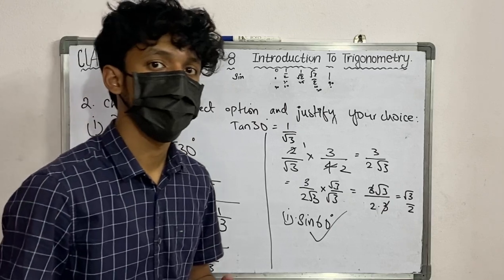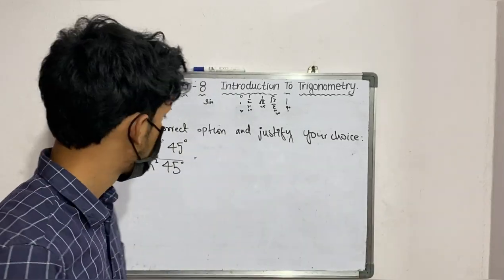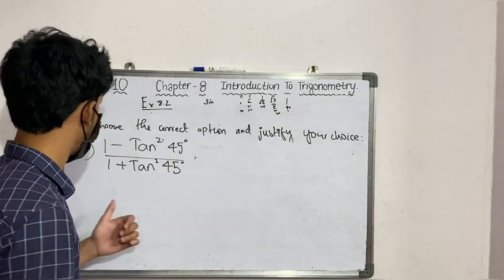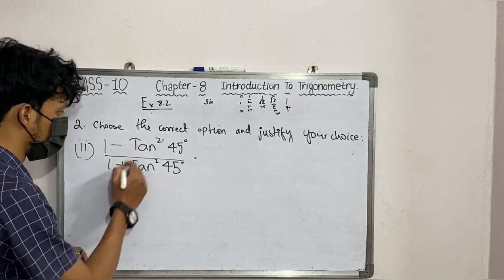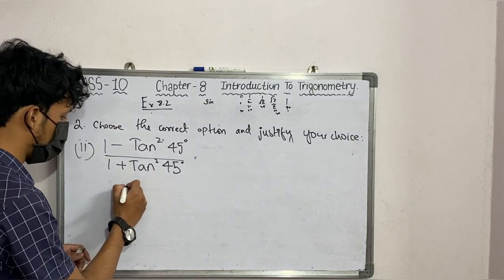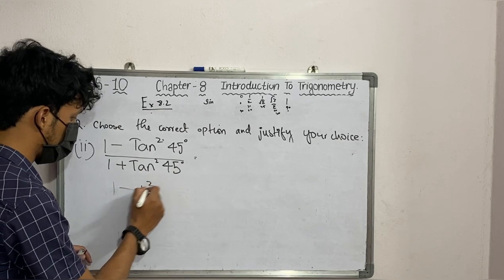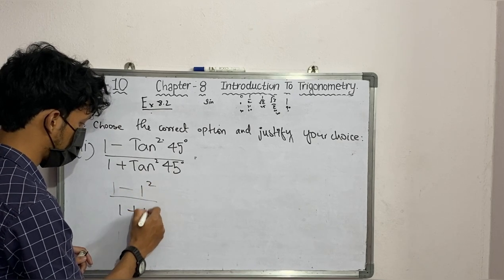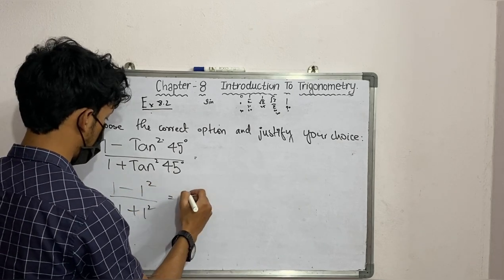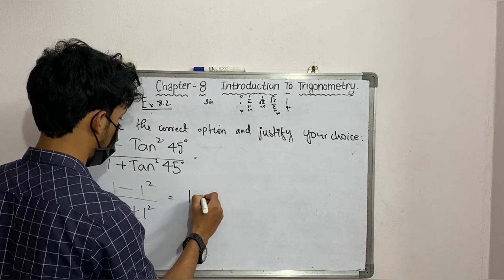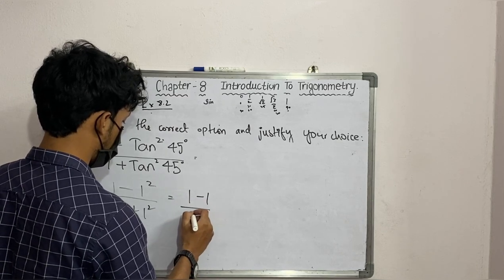Now we move to the second bit. Previously we solved the first bit, now we are going to solve the second bit. So tan 45 is 1. So 1 minus 1 square and 1 plus 1 square, that is 1 minus 1 and 1 plus 1.